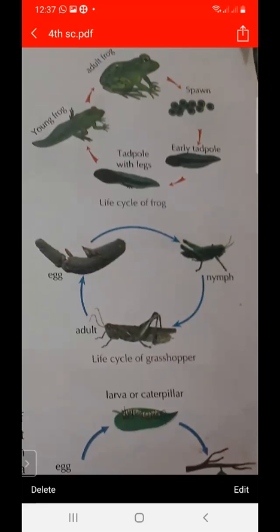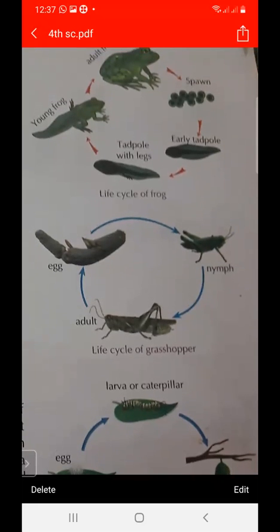Firstly, the egg is made, then the egg is converted into a small grasshopper, and this small grasshopper is called nymph. And this nymph is converted into the adult grasshopper.